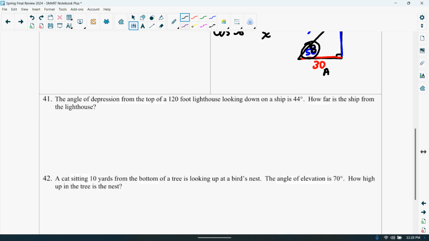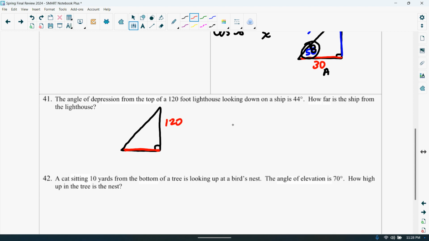So remember what I was saying earlier, it doesn't matter if it's elevation or depression, the angle has to be made with the horizontal line. That's the line right here. So I know this is the angle of depression to the top of the lighthouse. It's to the top of a 120-foot lighthouse. That would be here.